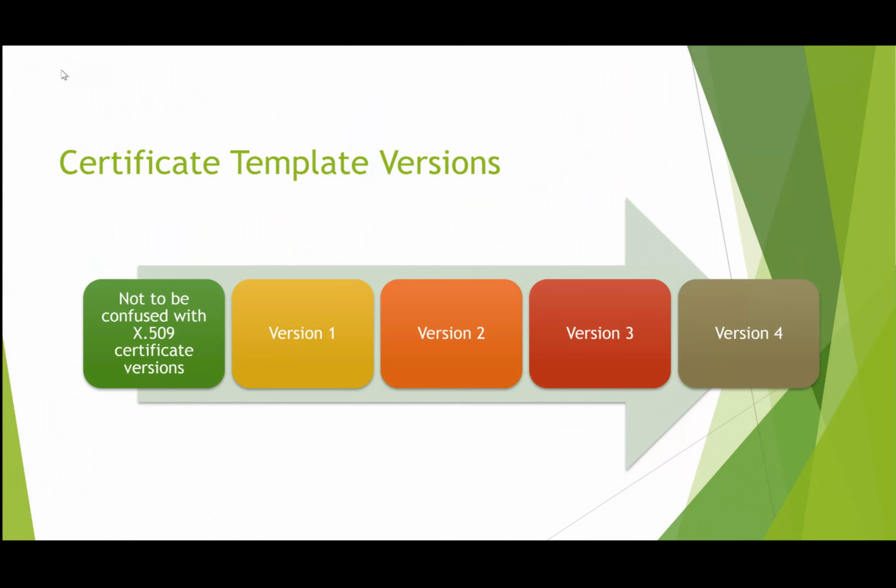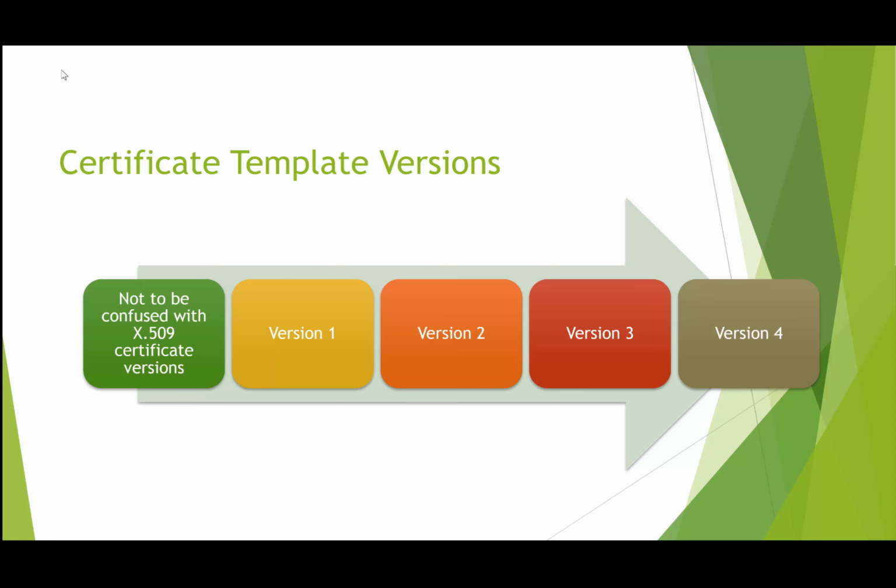So there are different certificate template versions. I believe it only goes up to 4, but there may be a version 5 that escapes me. Version 1 came with Windows 2000. You can't really change anything on those templates other than the security: who can enroll, who can read, who can write, that sort of thing. Version 2, you have access to most of the settings. And as these templates go up, essentially more settings are being added.